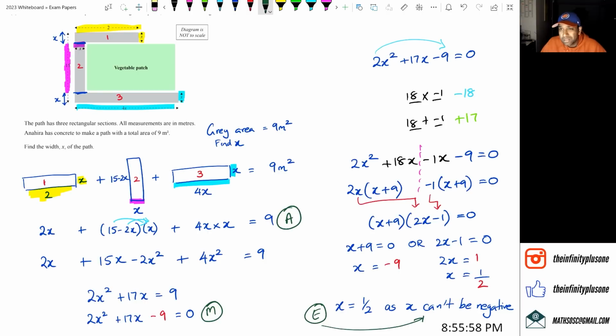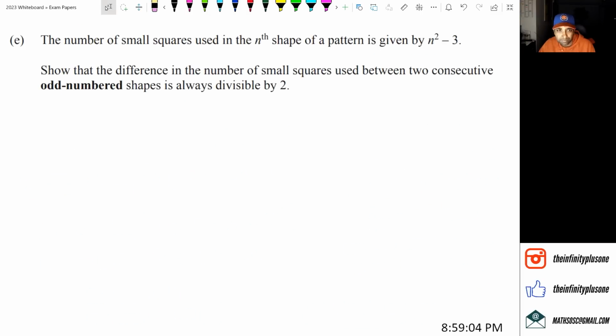So the main important thing is to split these types of questions into little diagrams, work out the base and height, and then work through it, and eventually it should end up as a quadratic. I'm fairly certain that most of the time it's always been a quadratic where the x squared value is greater than 1. So you're going to have to do this kind of equation, and it's going to be an excellence question, right? So keep that in mind.